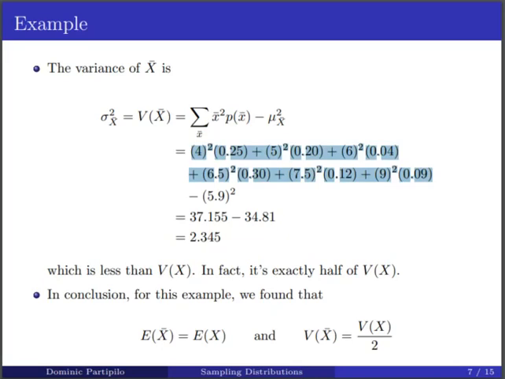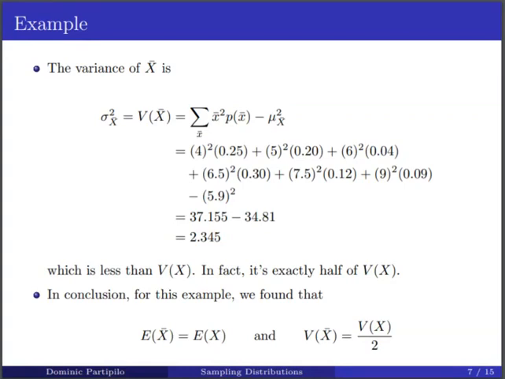And then again, we're going to be subtracting off the mean of X bar, which we just determined was 5.9, and we're going to be squaring it. So this is going to be 37.155 minus 34.81. So this ends up being 2.345 for our variance.